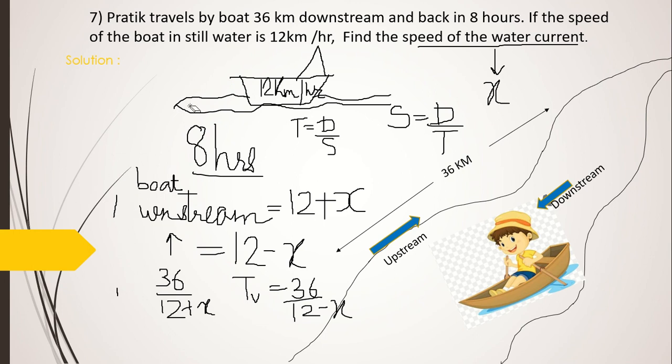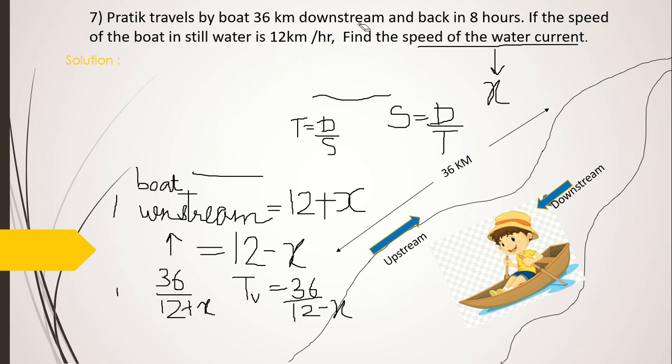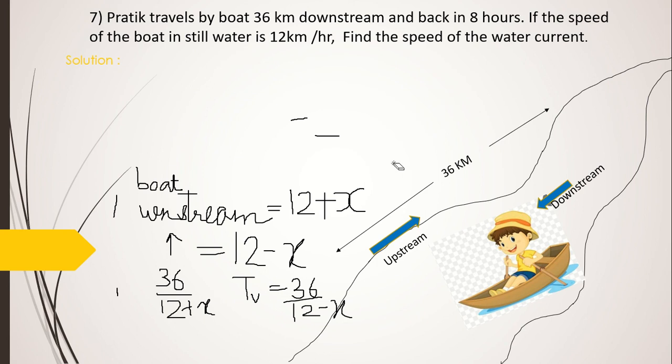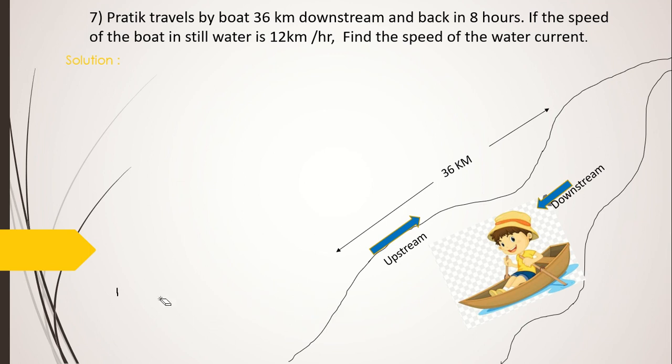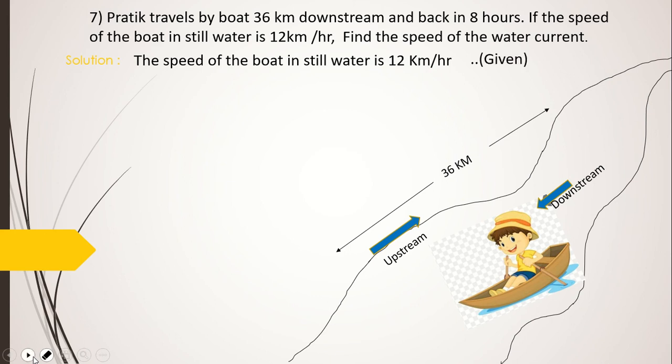So let's go over it once again and try to understand what is given in the question. The speed of the boat in still water is 12 kilometers per hour. This is what is given. Let the speed of the water current be x kilometers per hour.